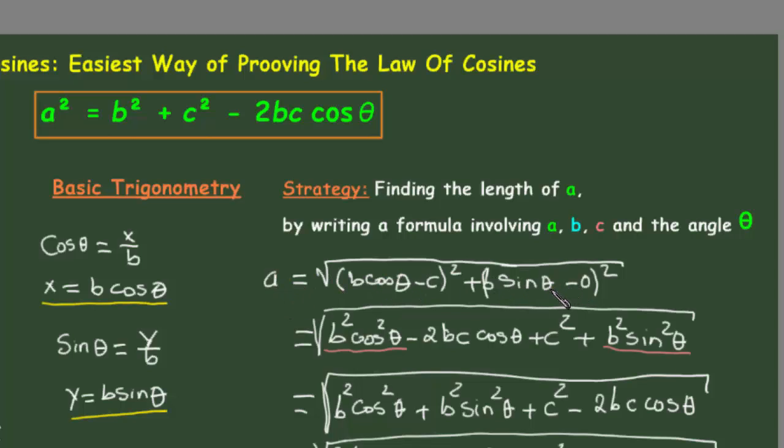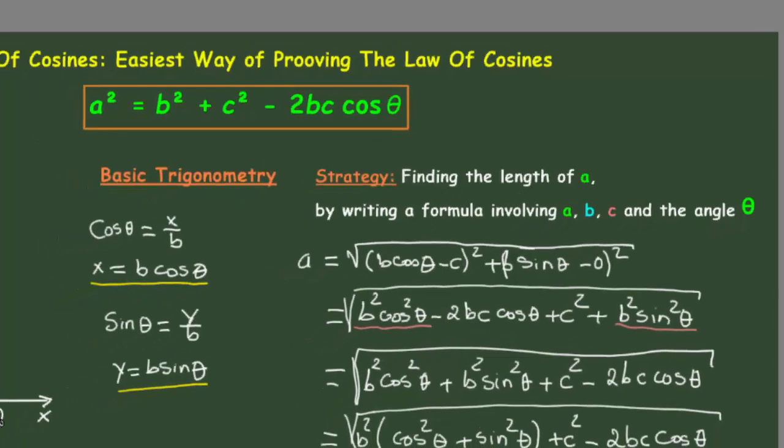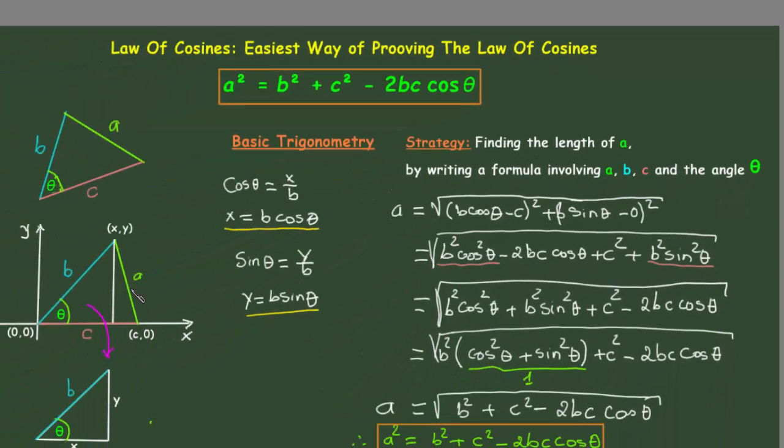So that's what we did here, using the distance formula: we just wrote a, the distance between this point and that point, it's the length a. We use the difference of the x values of the two points squared plus the difference of the y values of the two points squared.